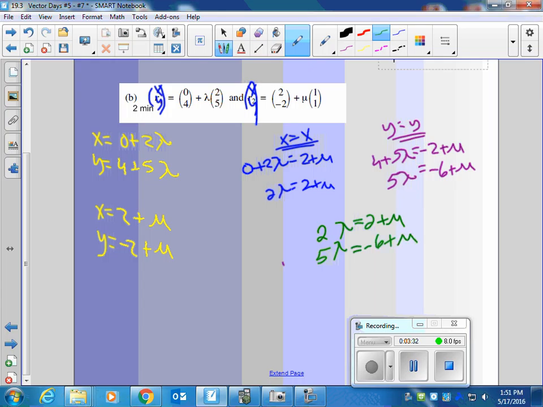And you can solve for mu if you want, Jacob, but what I would do is I would just take the opposite of these and add them up. 0, negative 8, 2, this would be 5 lambda minus 2 lambda is 3 lambda. Lambda equals negative 8/3.